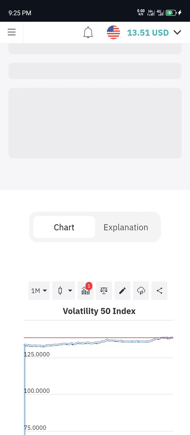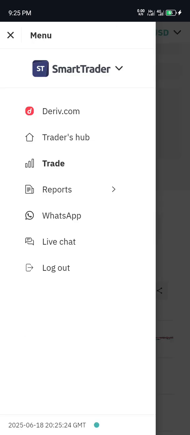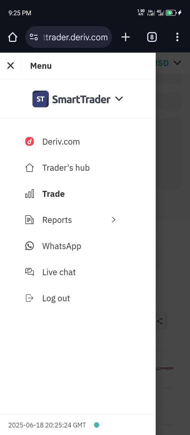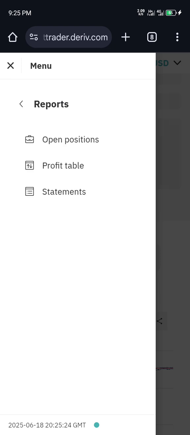So we assume we are standing at... it is a network problem. It just froze our trade. Let's see if we can check from the profit table if we can see and redeem our trade. Let's check report. We are really having network challenges here.